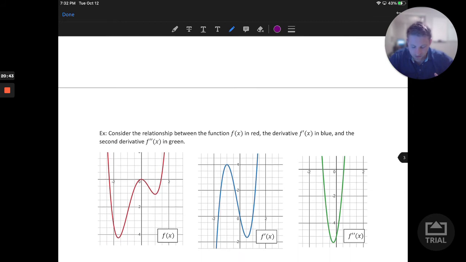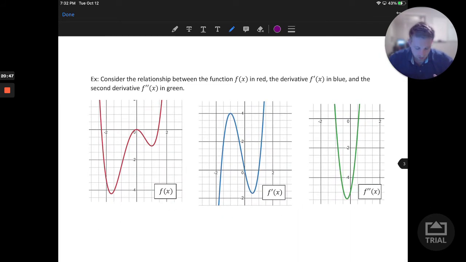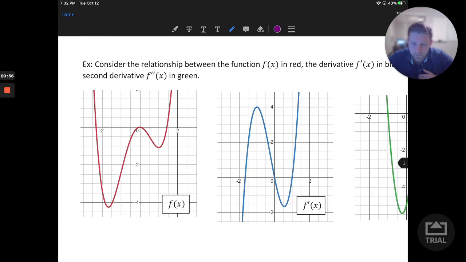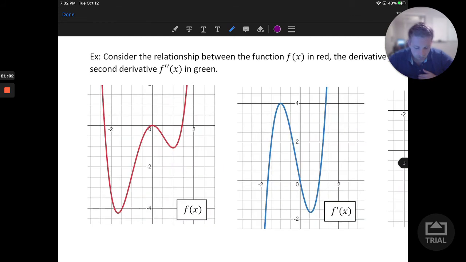So let's take a look at maybe the representation of a function, its derivative, and we'll also even go into a second derivative, just to talk out what we would see in terms of the graphs. So let's start with the function and then its derivative in blue. We'll notice a couple things. One thing is the turns in the graph.